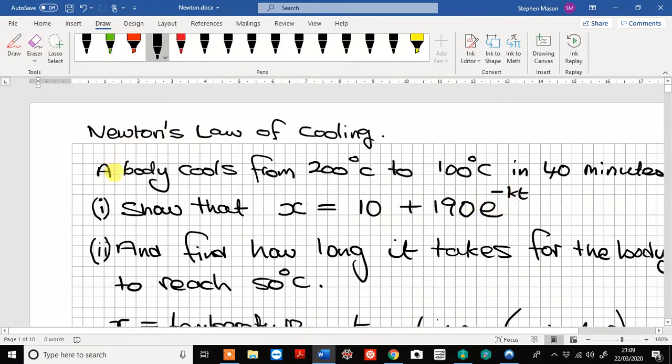And if you remember, the question tells us that the body cools from 200 degrees C to 100 degrees C in 40 minutes. That means the half-life of that original temperature occurs in 40 minutes. So the half-life, which is 100 degrees C, occurs after 40 minutes.